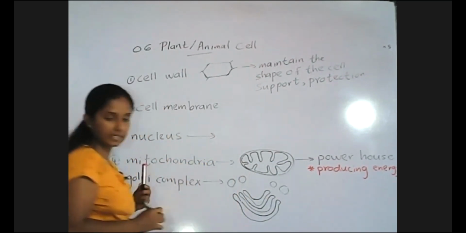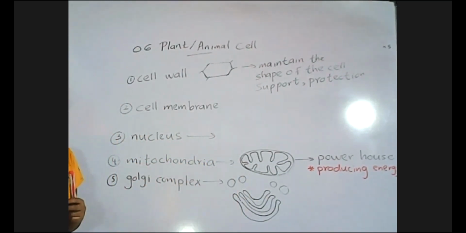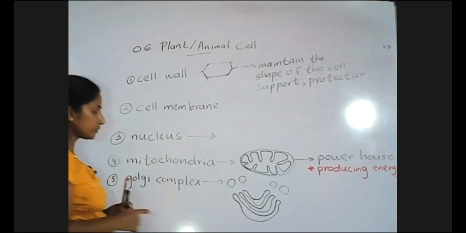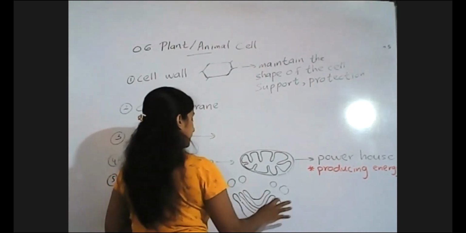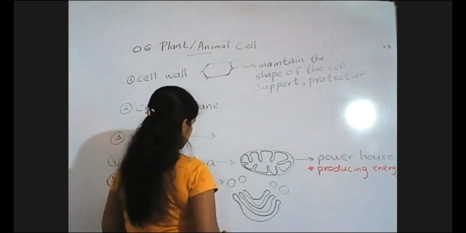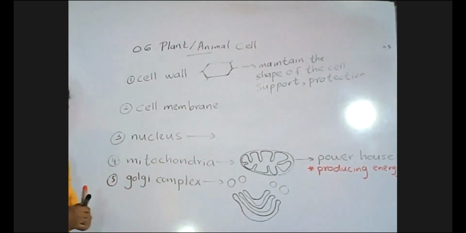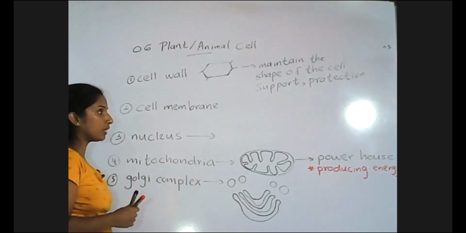The Golgi complex, right? Some sacs are there and the vesicles are here, right? The Golgi complex. And the ribosomes, right? Ribosomes and the endoplasmic reticulum.